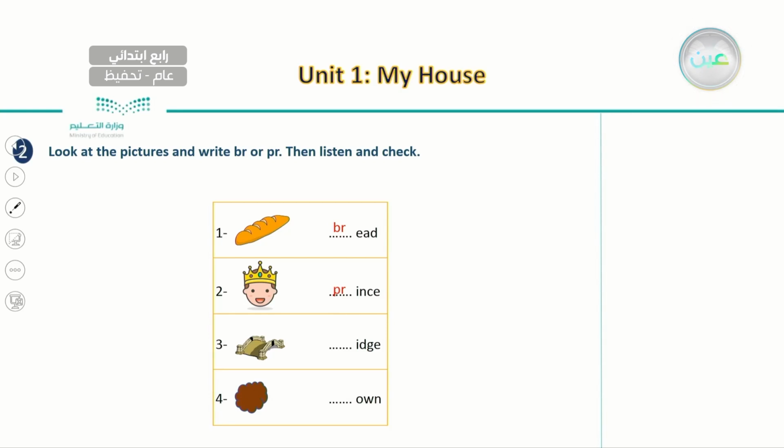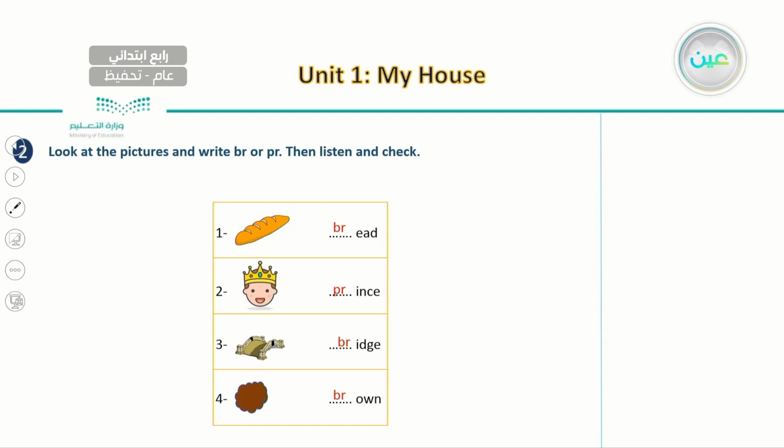Now let's listen to the third one. The third one is, as we just learned, bridge. Bridge starts with BR. And number 4, this is a color. What do we call this color? We call it the color brown. Brown.